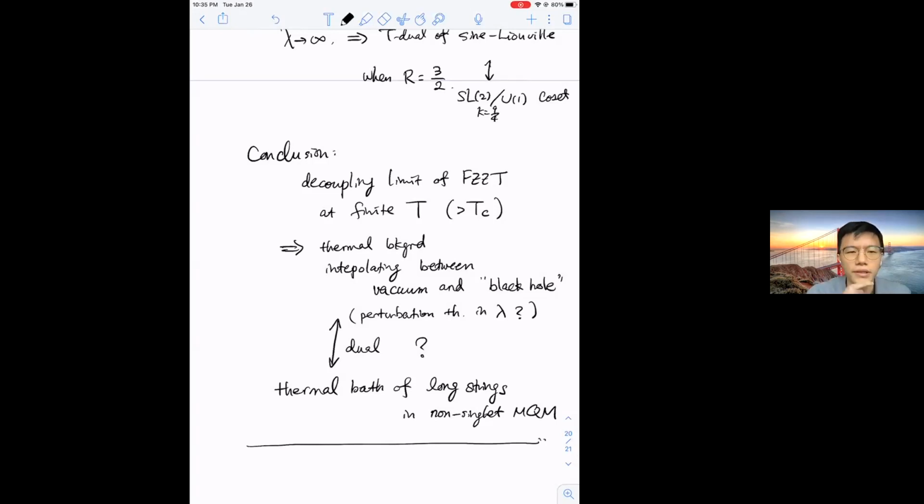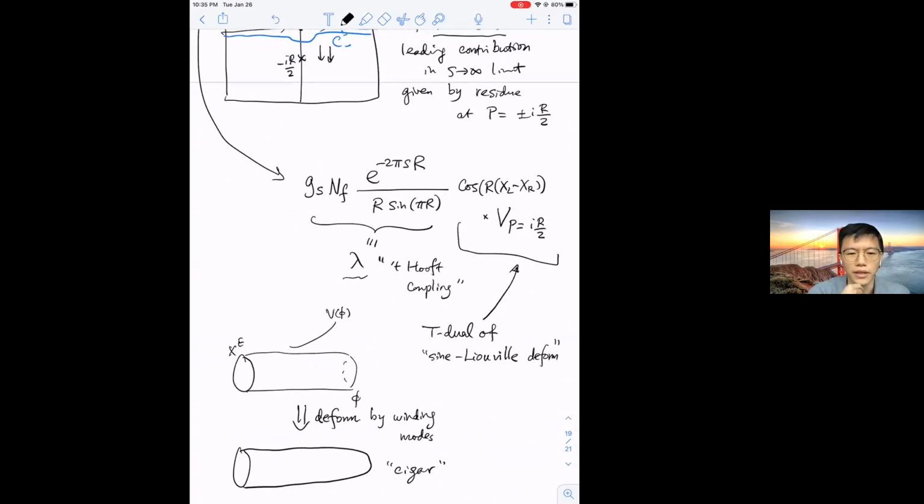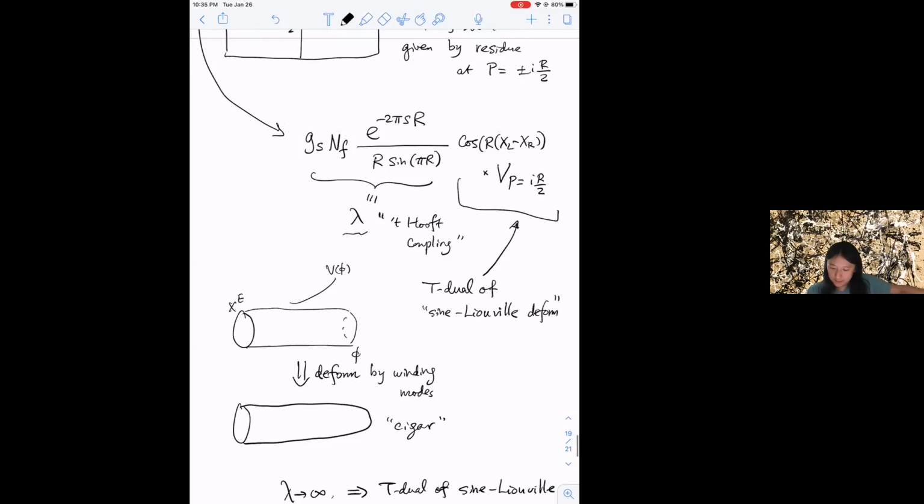So about this lambda parameter, how do I know that this will give me an exactly marginal deformation? This operator is marginal, and it's not normalizable.